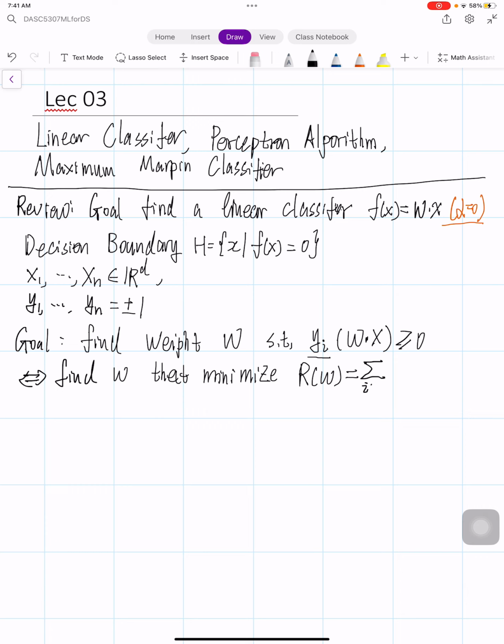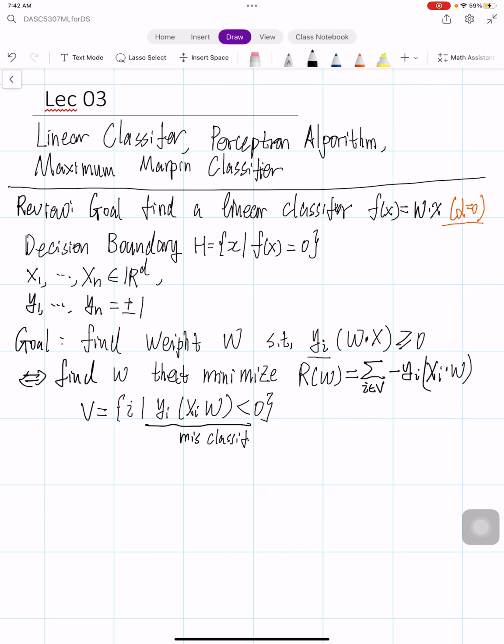So that's the idea: minimize the sum of yi times xi dot product with omega, over the set V of cases for each given omega that are misclassified, such that yi and xi dot omega have opposite sign. Misclassified cases, we give a penalty on this.